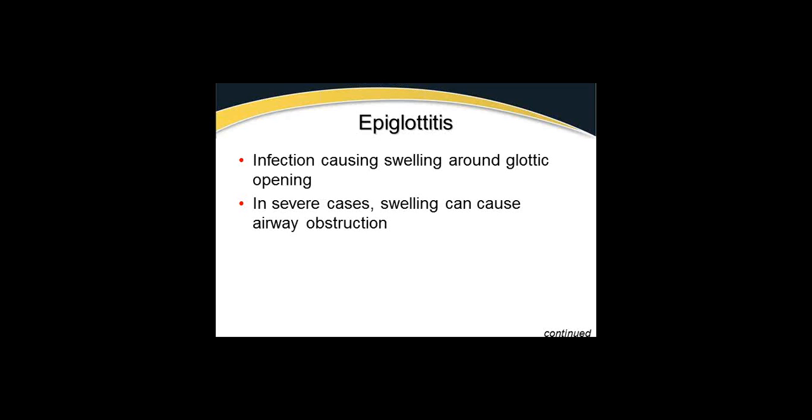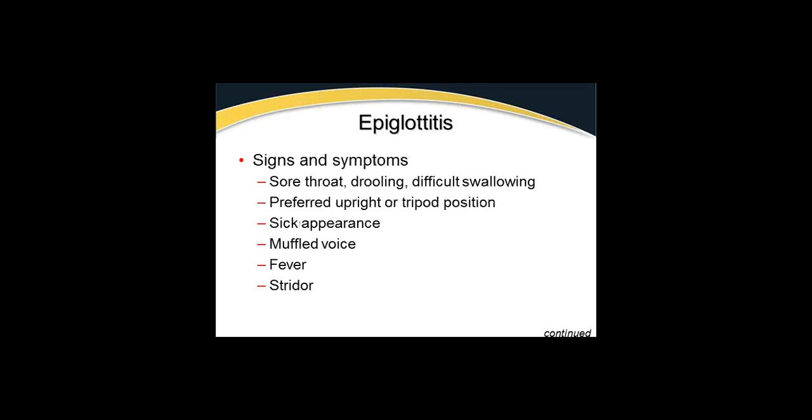Epiglottitis. This is an infection causing swelling around the glottic opening, or actually to the epiglottis. In severe cases, the swelling can cause an airway obstruction. The signs or symptoms, and this used to be considered really a childhood illness, and that's the primary population that we see it in, but it's becoming more and more common, I should say, in the younger adult populations who didn't get all their vaccinations like they were supposed to.